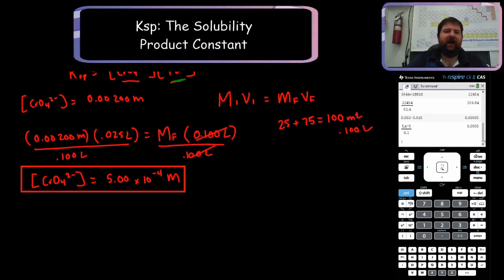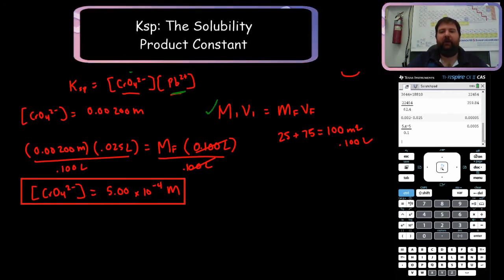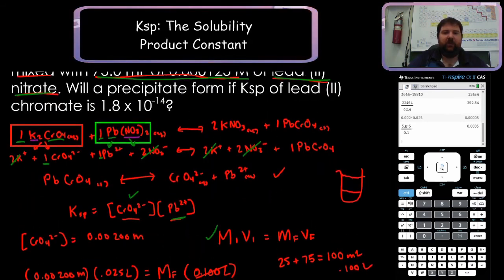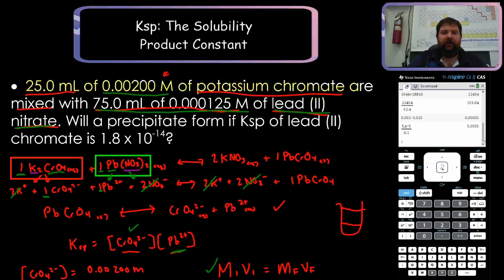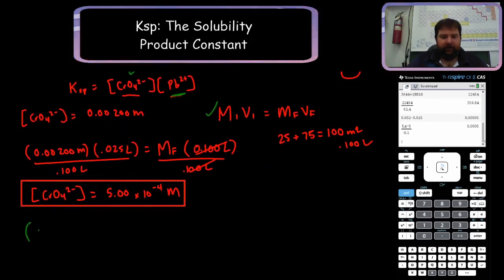Now, because we have already shown the steps there, I'm just going to skip to using this. So we're going to do it again. So my initial molarity is 0.000125. This is my initial molarity of lead ions.